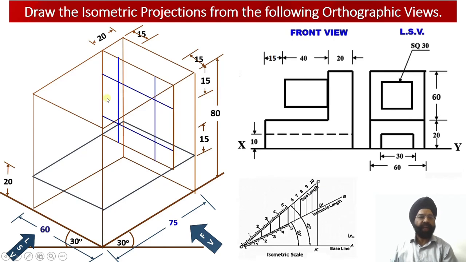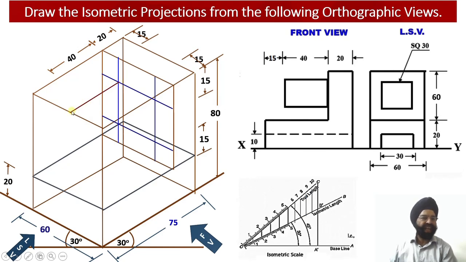Now the front projection, that is the length of this web, I am going to mark with red color, so that you can have proper distinction between the base of this square prism and the length of the square prism. So we have marked this length of the square prism as 40 millimeter. Let me draw the 4 projection lines measuring 40 millimeters starting from this point.